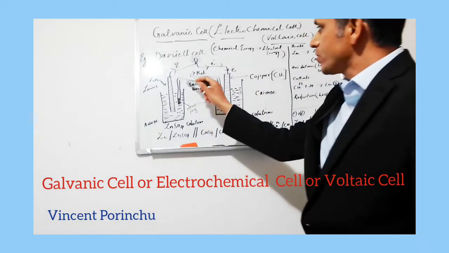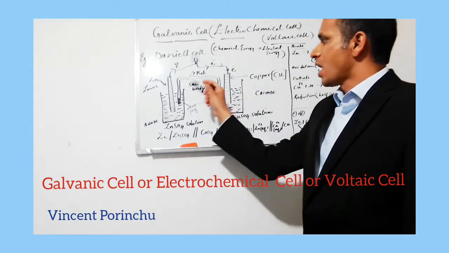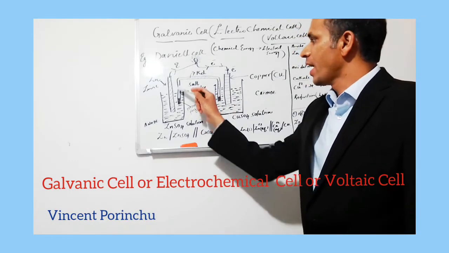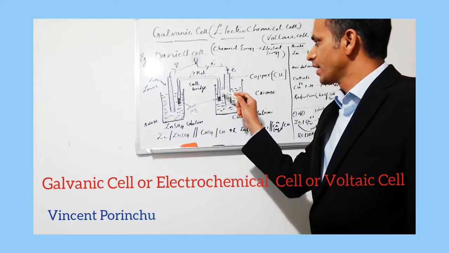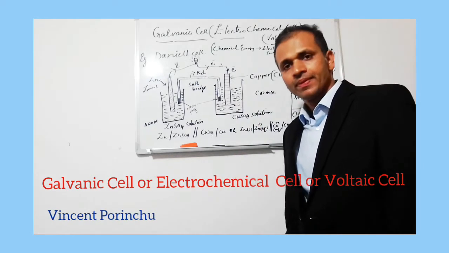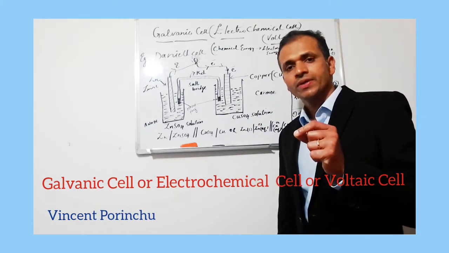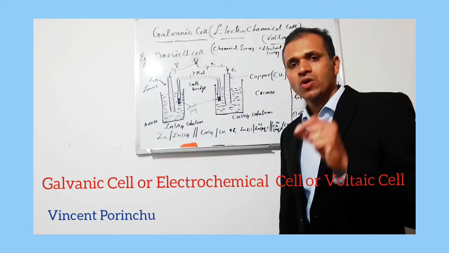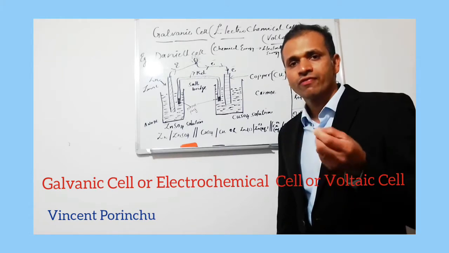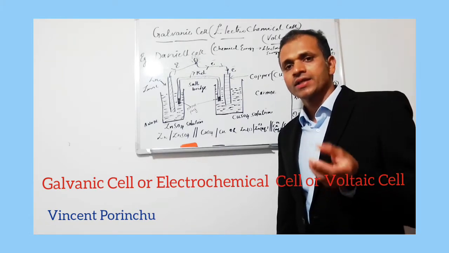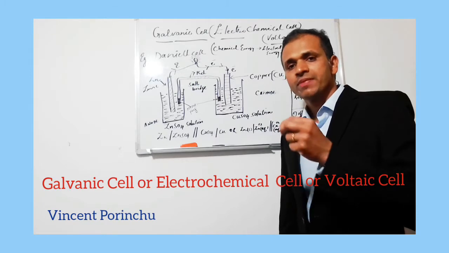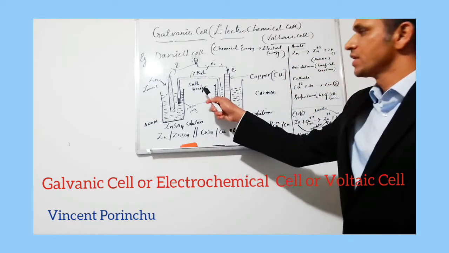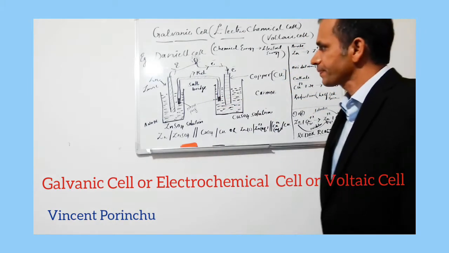These two electrolytes are connected through a U-shaped glass tube, which contains an electrolyte in a semi-solid form. That U-shaped glass tube is known as a salt bridge.